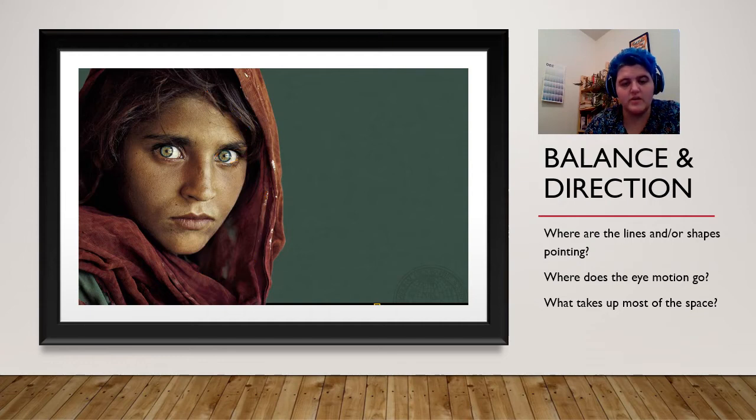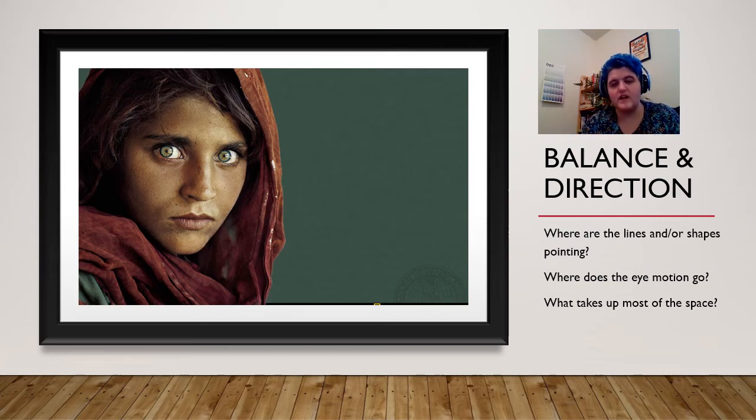There's also a fair bit to do with color, because this background is green, this little bit of her shirt is green, and then her eyes are green. And that's contrasted with the warmth of her skin tone and the warmth of her clothing, that really makes us drawn to her eyes from the background.